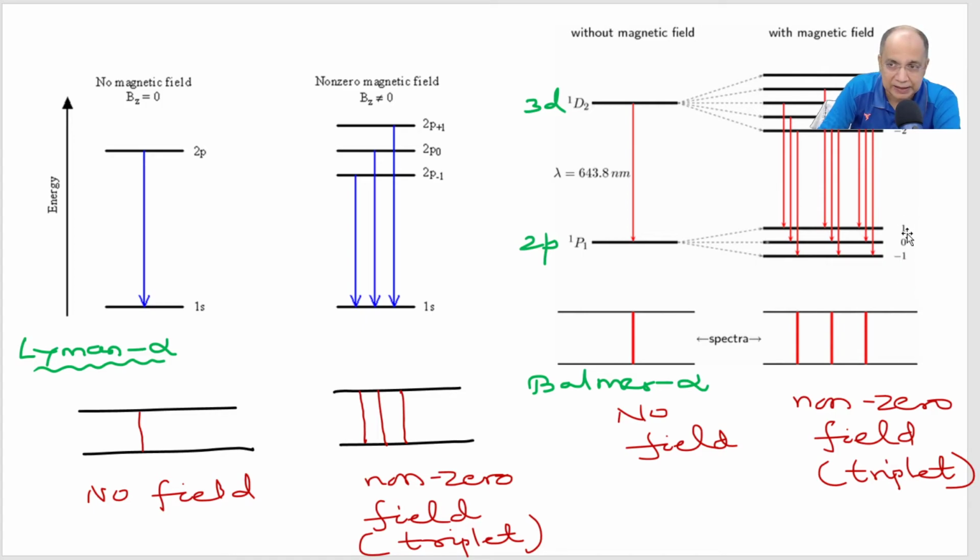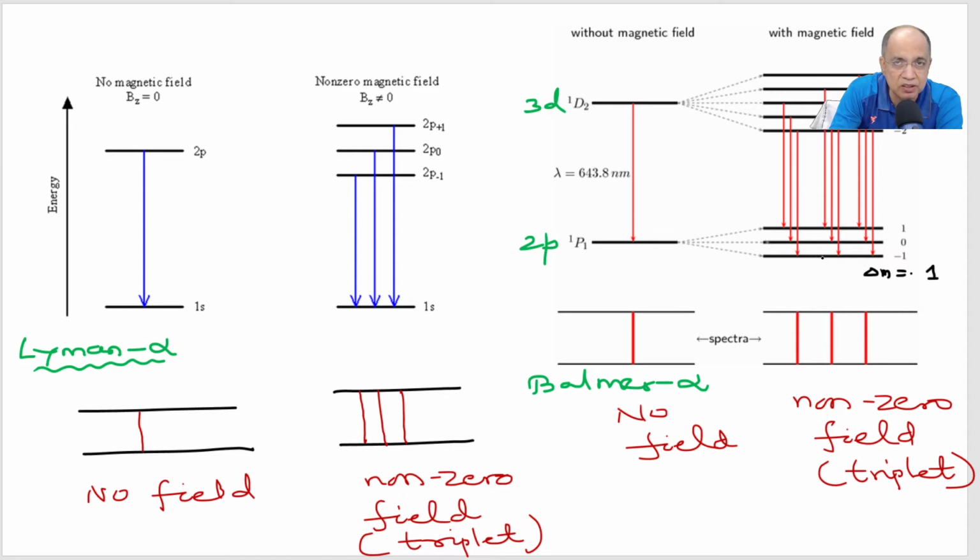Now, the maximum transition energy is where delta M, the change in magnetic quantum number, is minus 1.